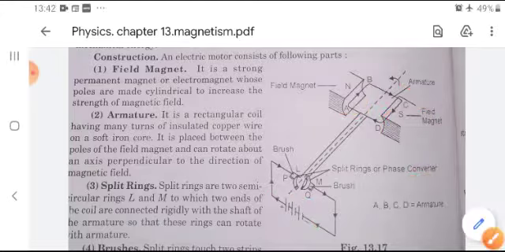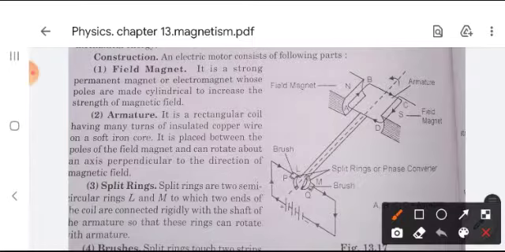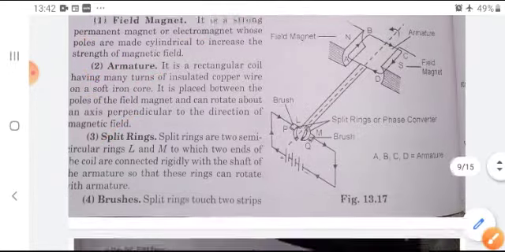What is the working or construction? Field magnet: it is a strong permanent magnet or electromagnet. Similarly, armature: it is a rectangular coil having many turns of insulated copper wire on a soft iron core. Similarly, split rings. What are split rings?